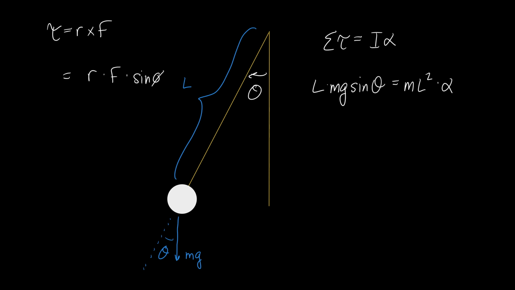So theta is positive, but our torque is clearly negative. Solve this for alpha. Alpha equals negative, let's see what's in the parentheses here, L m g over m L squared sine of theta.